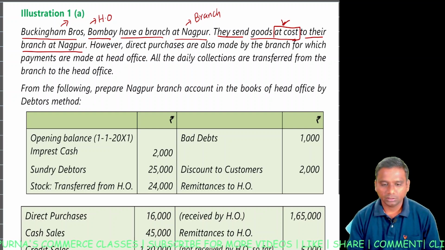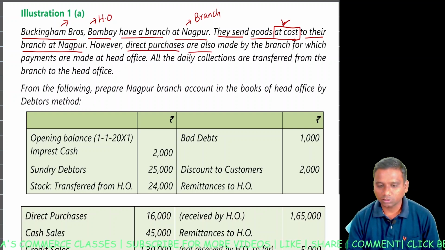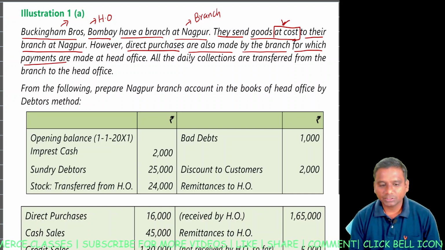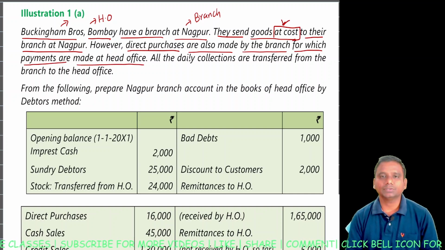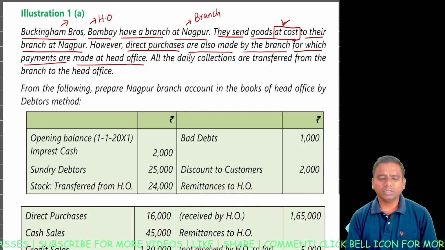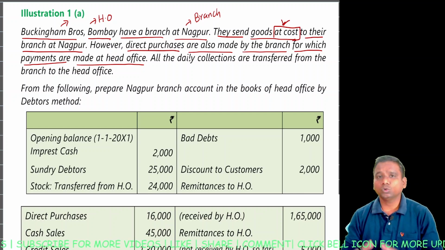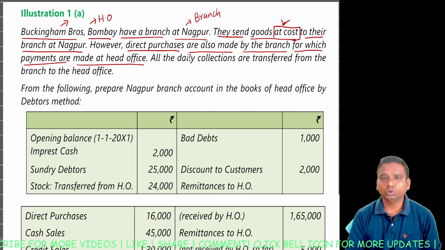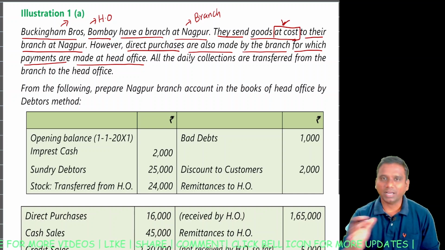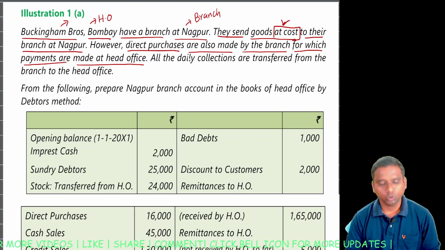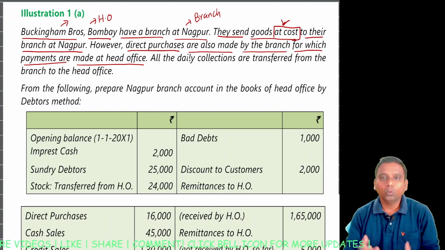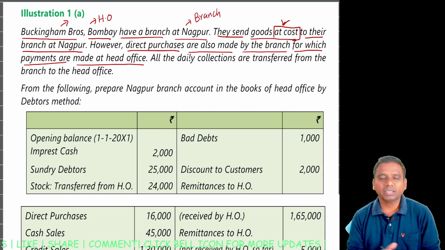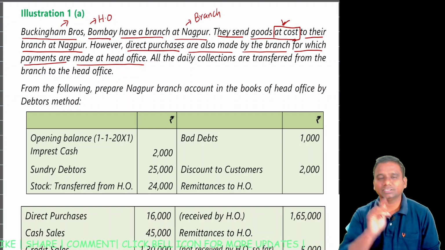However, direct purchases are also made by the branch for which payments are made at head office. That means what is happening here? Third step is what? We have to identify whether the branch has authority to purchase goods directly or not. Yes, branch has authority to purchase the goods. But who is making payments? Head office only.